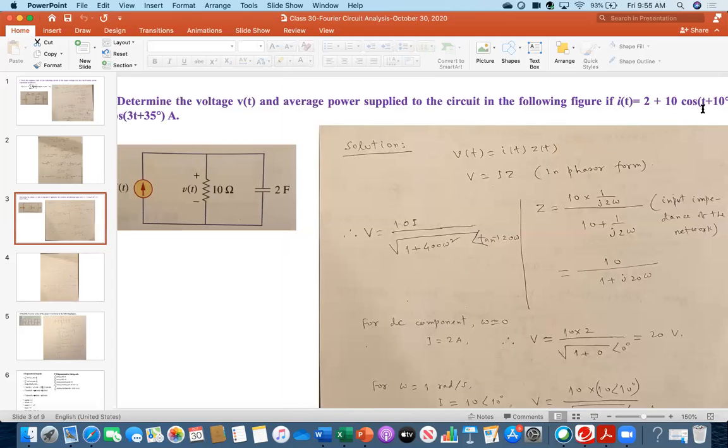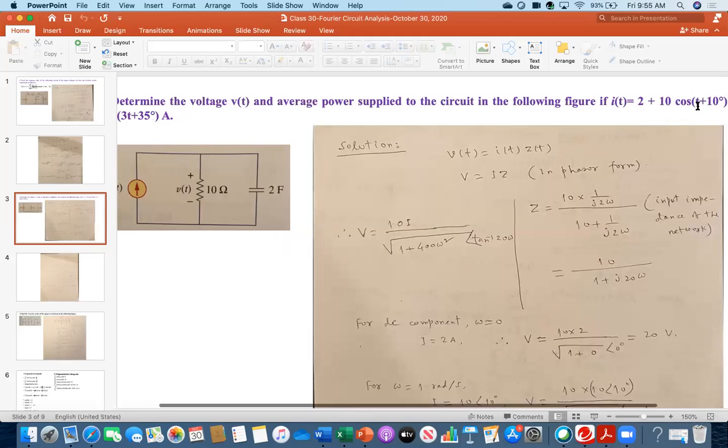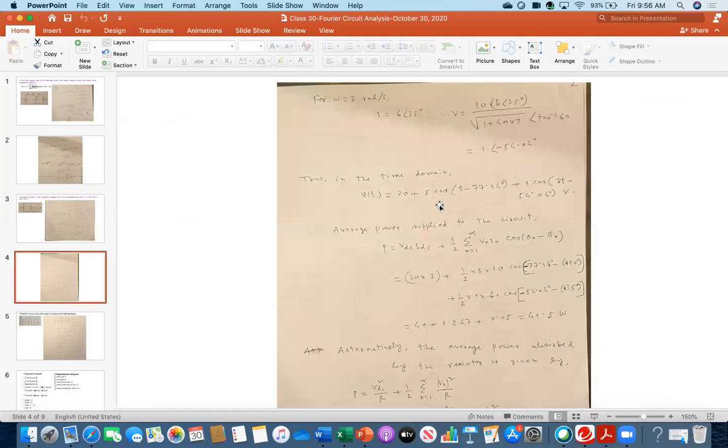And then think about the second part. When omega is 1, this is my current expression. So 10, and my frequency is this, and then this is my 10 degrees. And look at the corresponding voltage term, this one. This second term corresponds to that current. So just compare this term and the corresponding term.